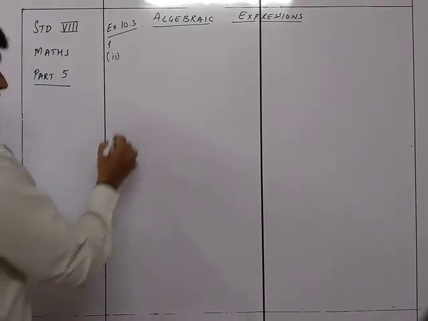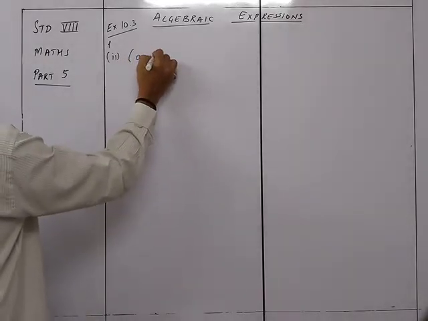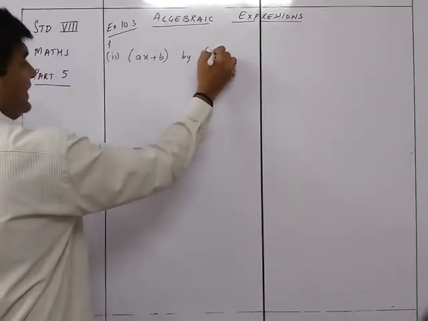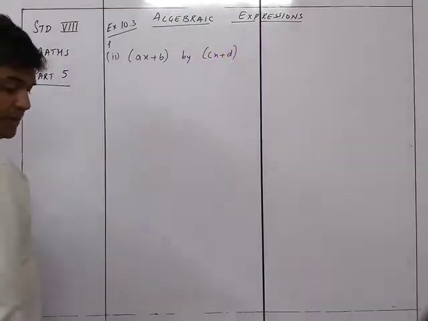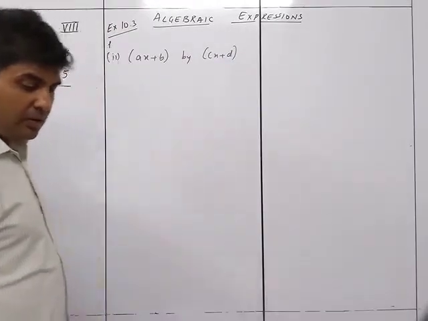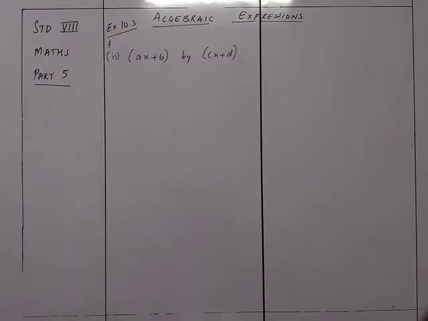That is AX plus B by CX plus D. By means multiplication, okay? By is multiplication, so not a problem at all.